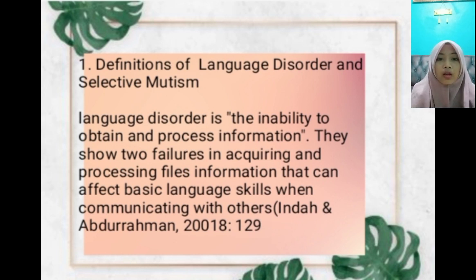This problem may be receptive, involving comprehension, expressive, involving production of language, or a combination of both. Language disorders can affect spoken and written language and can also affect sign language. Normally, all forms of language are disturbed.